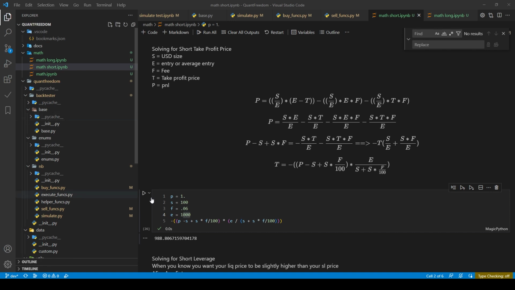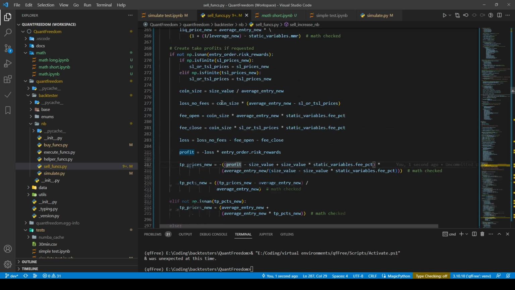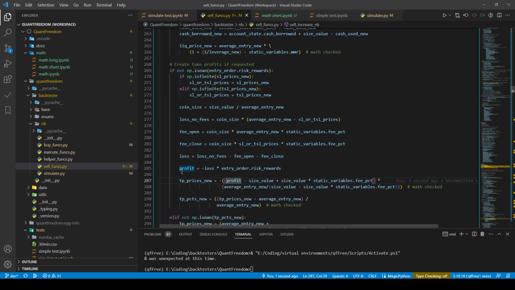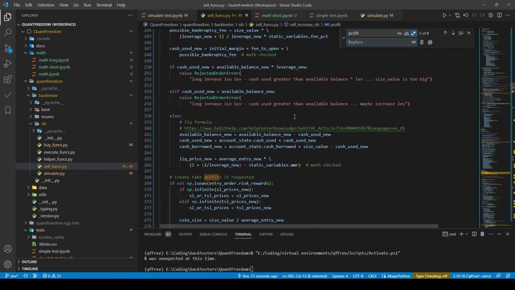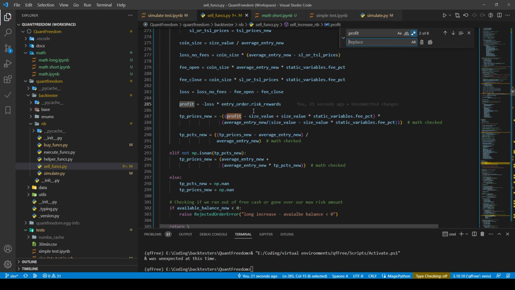Okay, so here we have it written negative price minus S plus S times F. Let's write it that way. So we have profit minus, I should say possible profit, whatever.